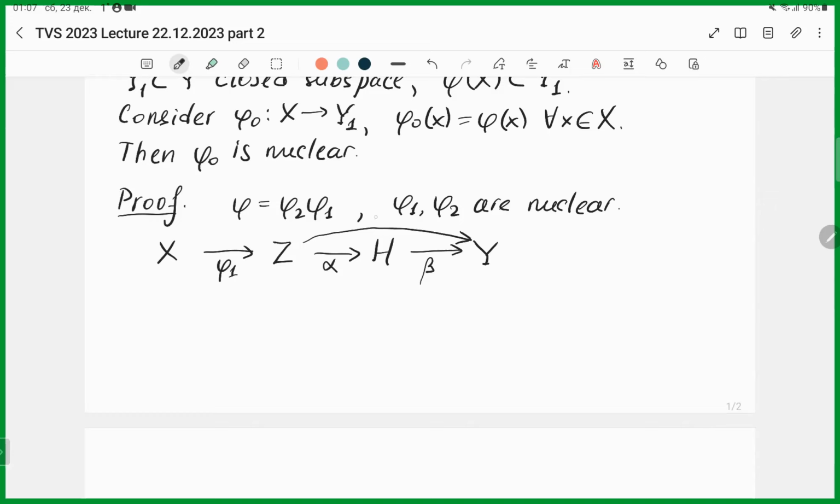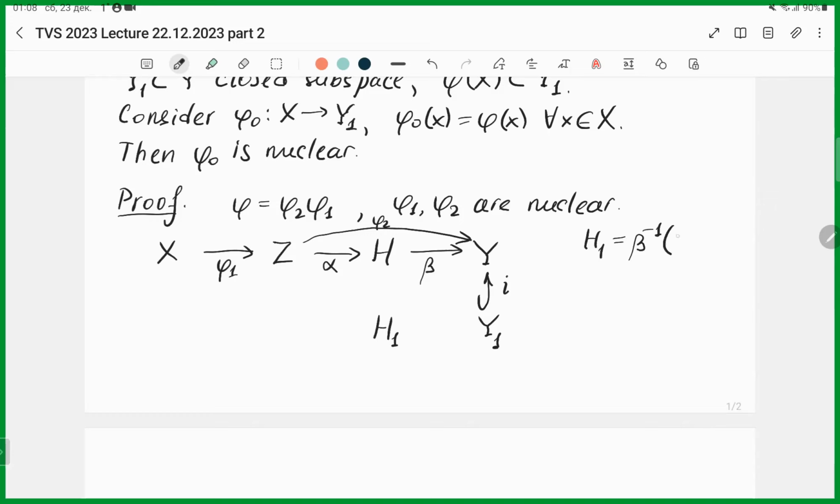We also have our closed subspace Y1 here, and we have the inclusion map, denoted by I. And we do the following. We define a closed subspace H1 of H. H1 is just the preimage of Y1 under beta.